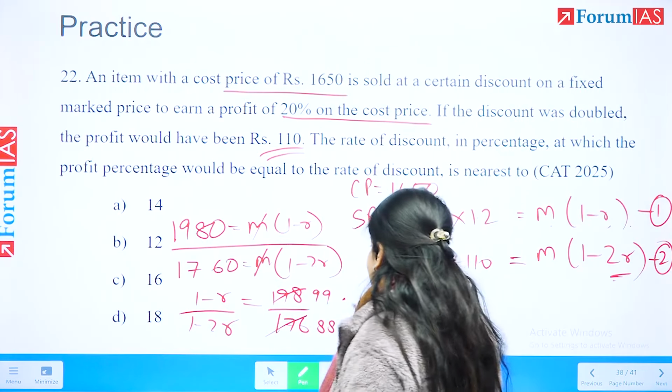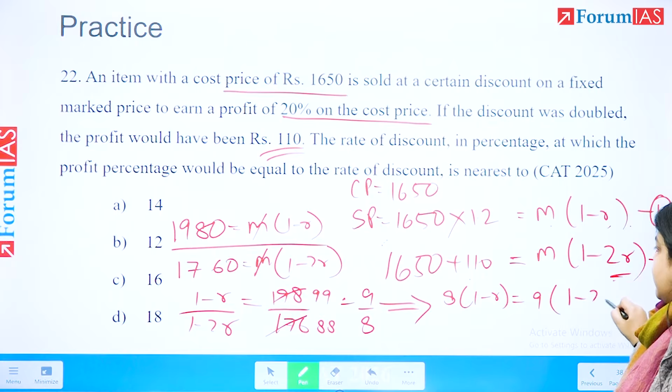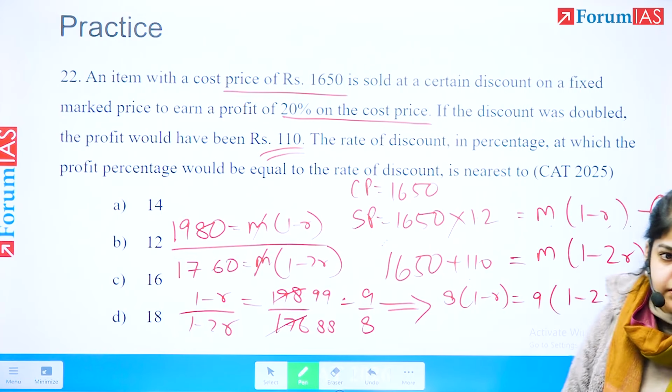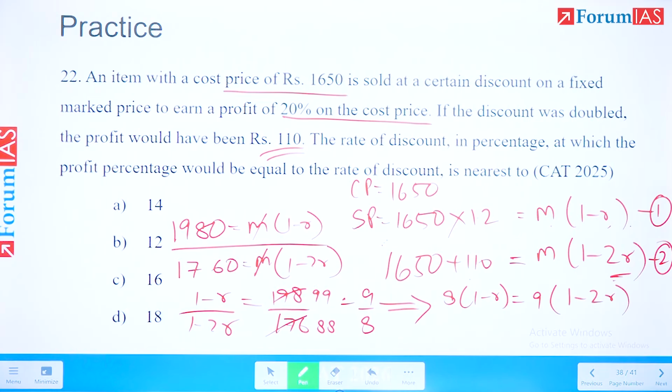Equal to 9/8. Just 8 into 1 minus r equal to 9 into 1 minus 2r. कहाँ से आ रहा है? 8 minus 8r is equal to 9 minus 18r.